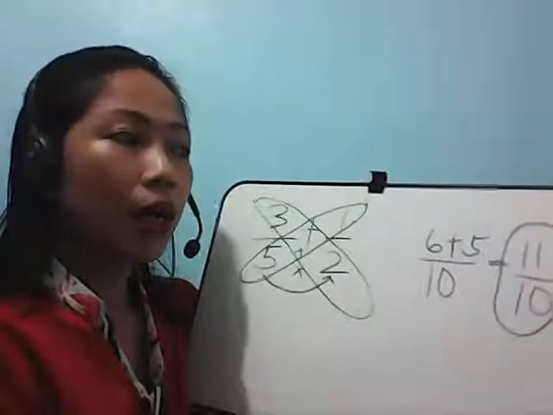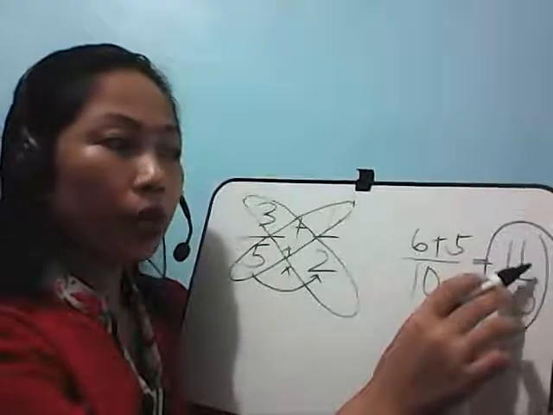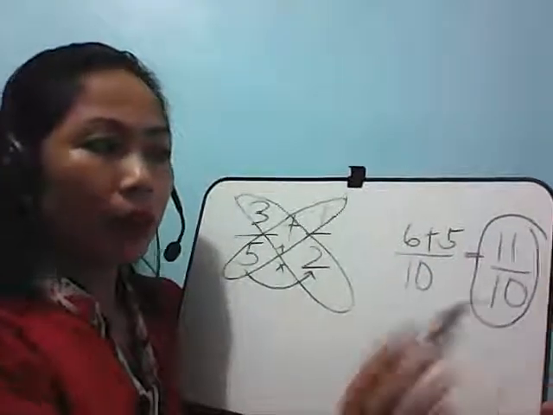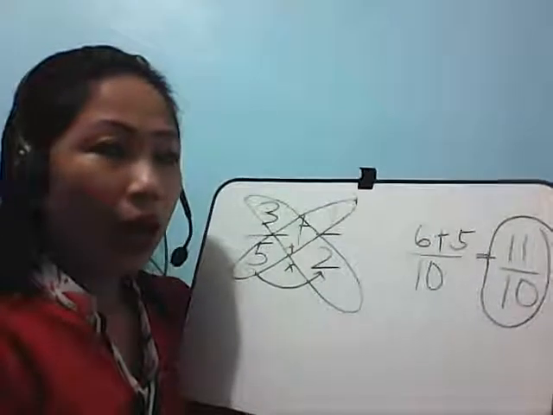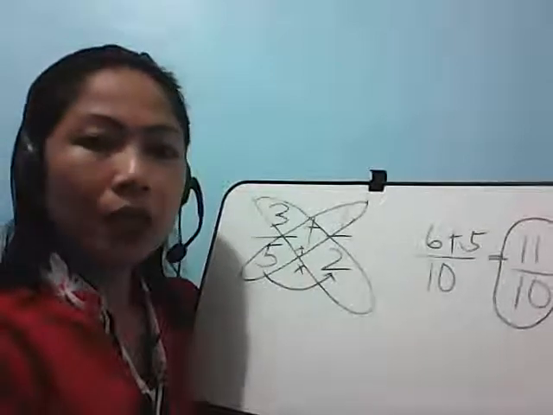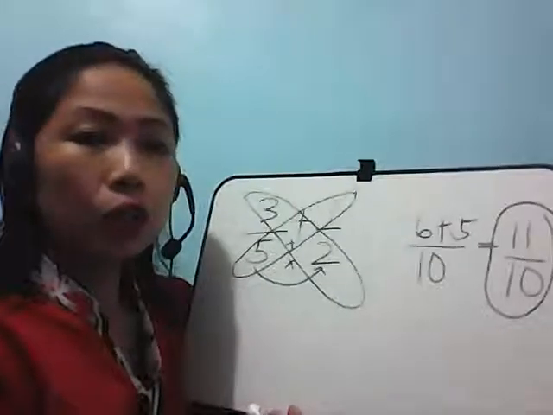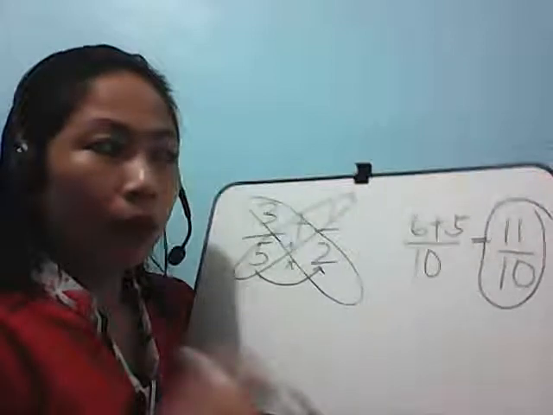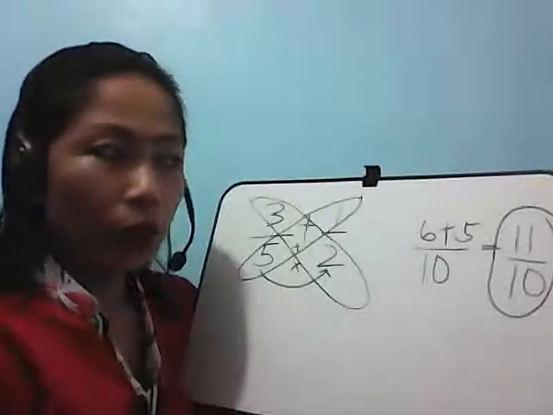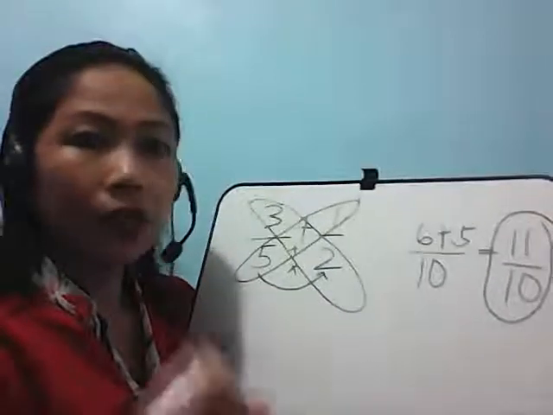Since our answer is 11 over 10, we call this an improper fraction. Why? Because 11, our numerator, is greater than the denominator. Sa ibang guro, they need to divide it.